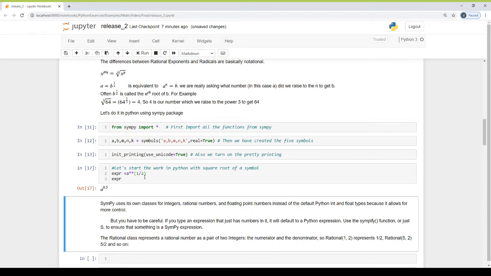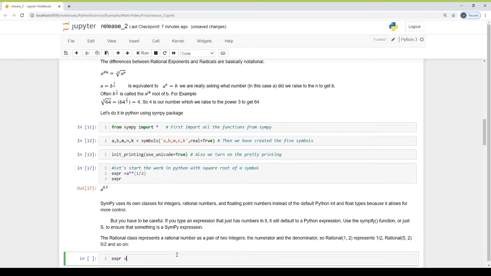For that, SymPy has defined its own classes for integer, rational number and floating point number instead of the default Python int and float types, because it allows for more control. The Rational class, for example, represents a rational number as a pair of two integers, the numerator and the denominator. So Rational(1, 2) represents 1/2.